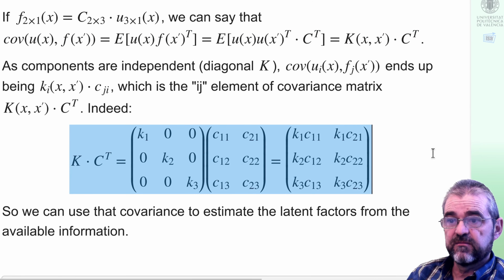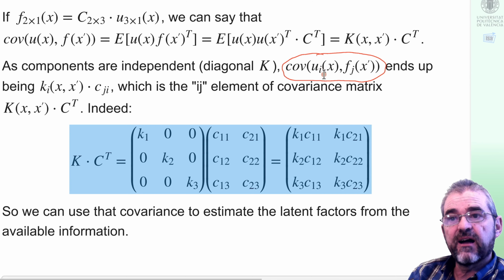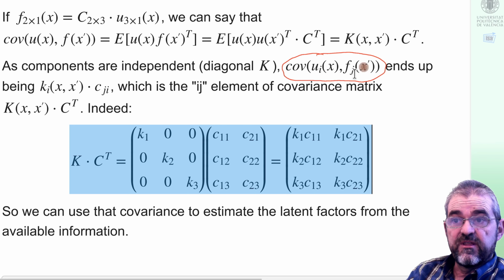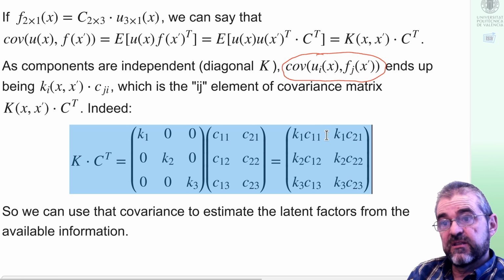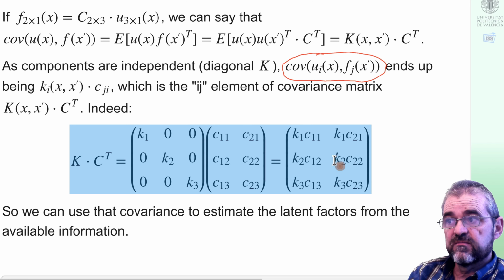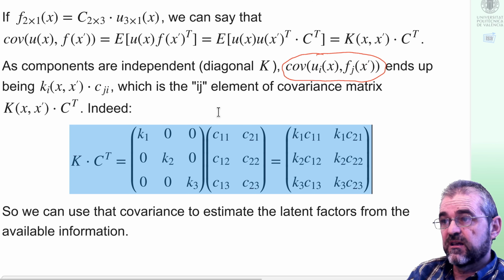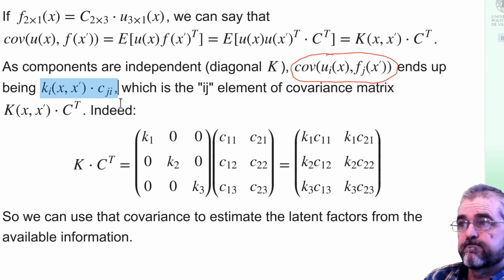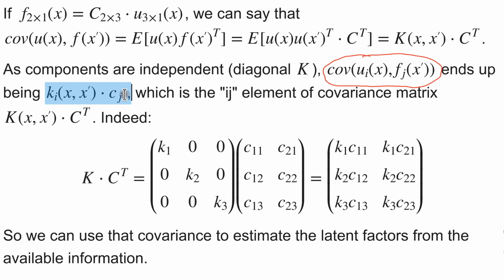So if I now wish to compute a particular element of this matrix, for instance, the one associated to component i and output j, i being 1, 2, 3 and j being 1, 2, then it will be the ij element of this matrix here, and that ij element is this one.